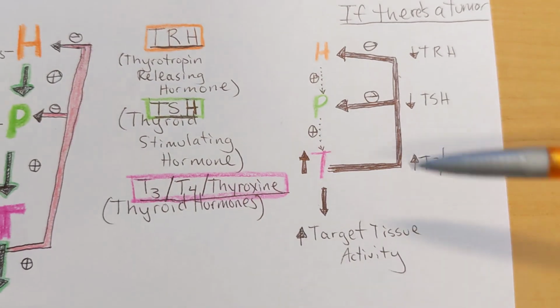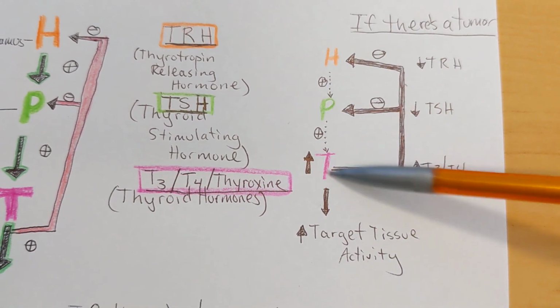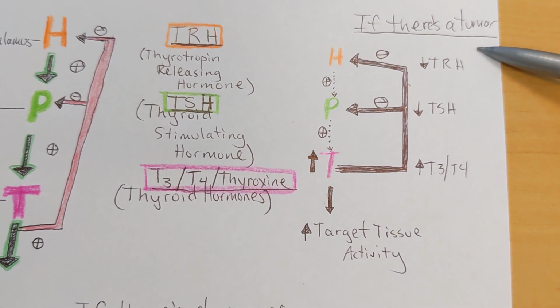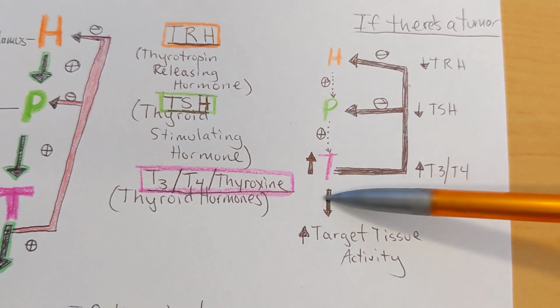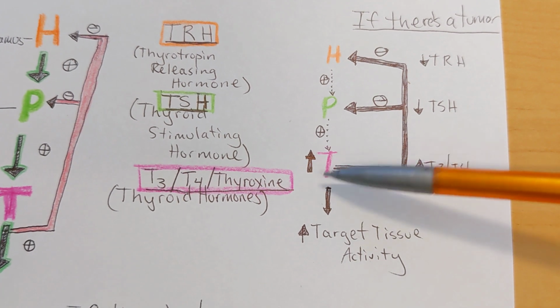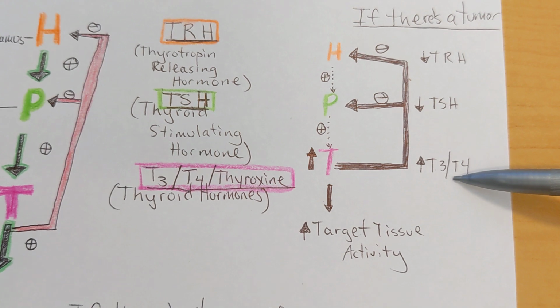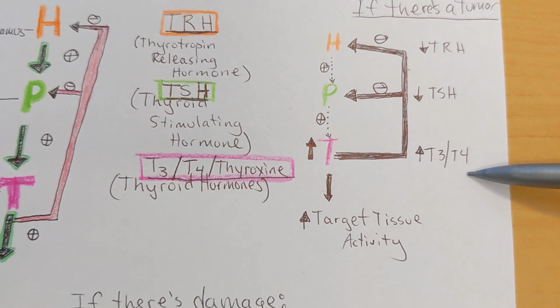Now, if there's a problem, we can think about a problem at any of these three levels. I have three examples here. If there is a tumor, for example, thyroid cells are releasing more thyroid hormone, or any other reason that the thyroid is producing too much, what this does is it increases the thyroid hormones, T3, T4.